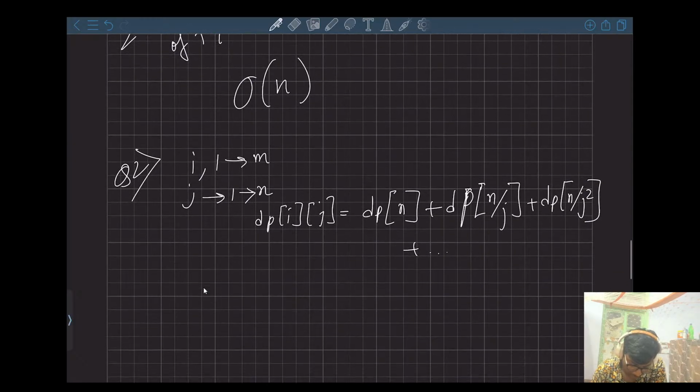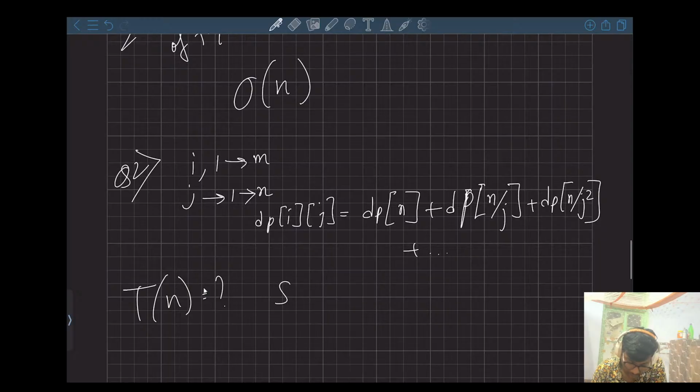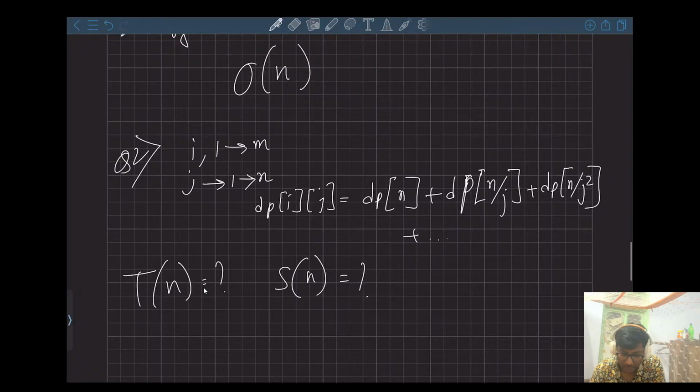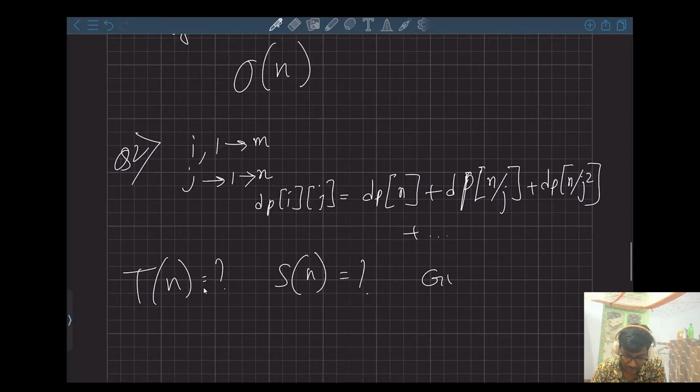Try to compute the time complexity and the space complexity of this problem. And this is a good problem, so maybe give 5 minutes.